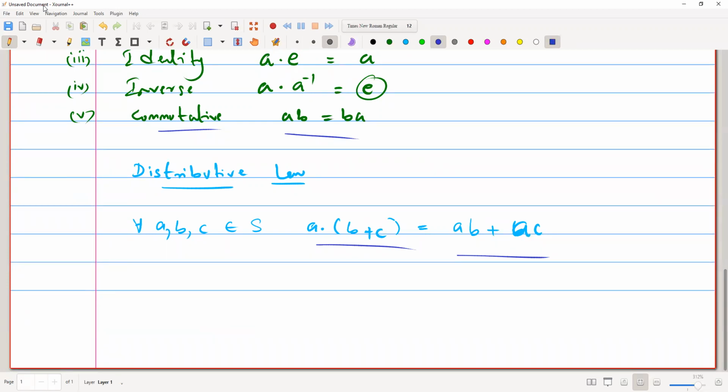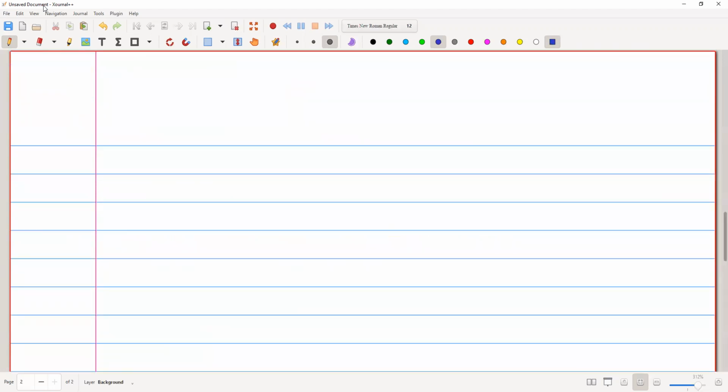If I take any three real numbers, for instance A equals 2.1, B equals minus 2.7, and C equals 39.5, and apply this rule to these numbers, I will get the same result. So we conclude that the real numbers possess the field properties, so it's a field.